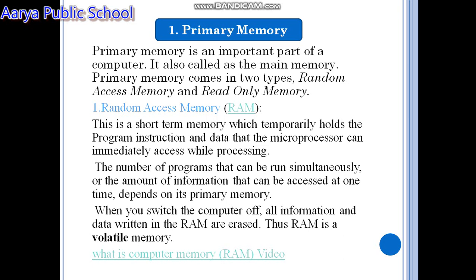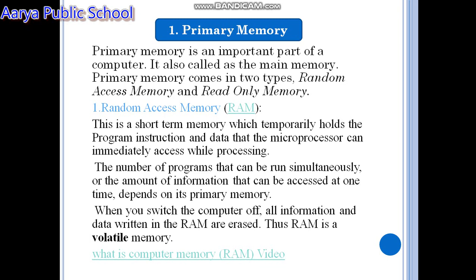In the previous video, we learned about memory and types of memory. Dear students, we are learning information about primary memory. We also discussed what primary memory means, and first, RAM. We know RAM is also called volatile memory.